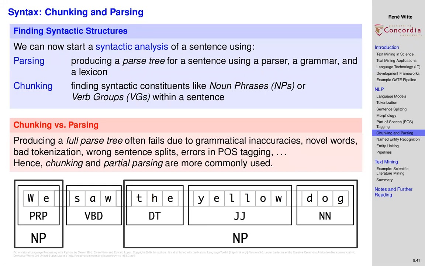So very often it's problematic to do parsing. I'll talk about different parsing methods in a minute, but if you want to produce a syntactic parse tree and the sentence isn't complete, not grammatically correct, if it has new words that don't exist in the dictionary, or you have a mistake earlier on, in tokenization, in the sentence splits, and the part of speech tags, then the parsing can fail or produce not so useful results.